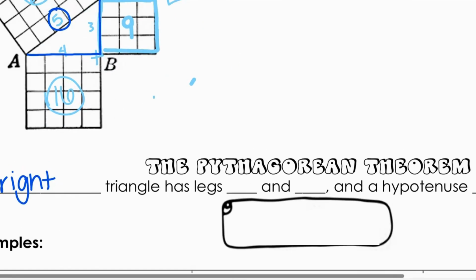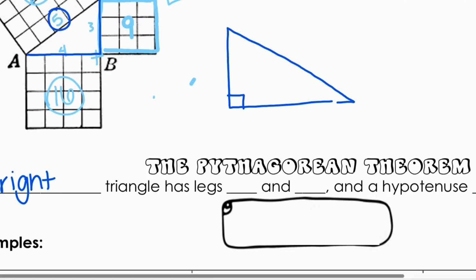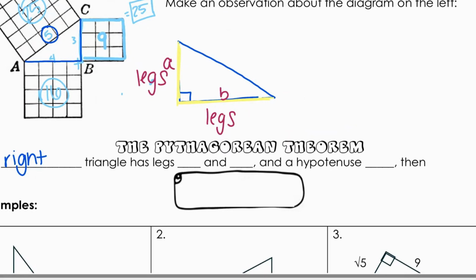And a right triangle is going to have two sides that meet at a right angle. That's what makes it a right triangle. I always remember that the two sides that make the right angle also make a capital L, and those are called the legs of the triangle. And we usually refer to these as the letters A and B. There is a third side, it's called the hypotenuse.